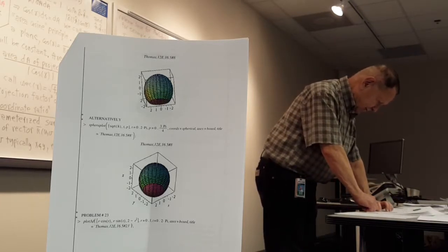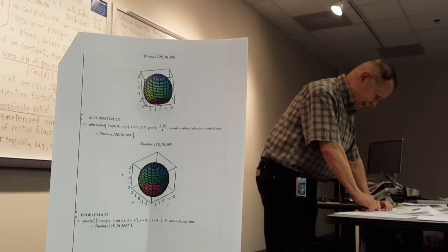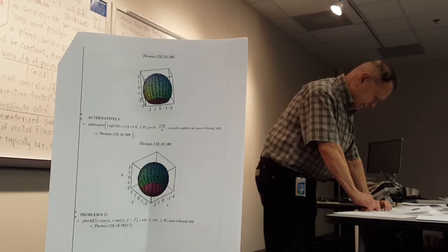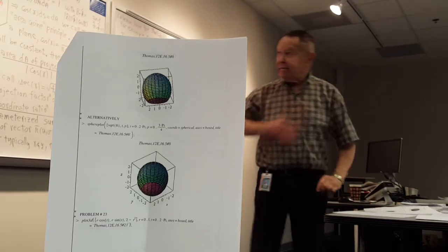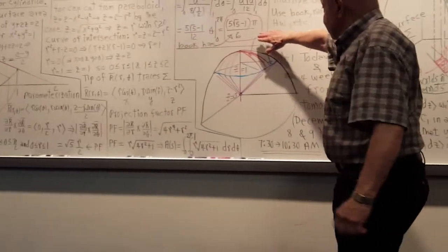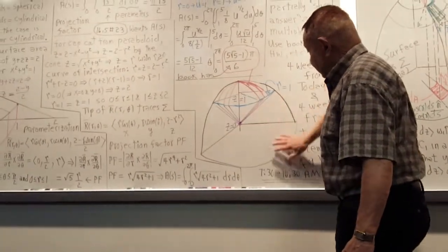So I have plot 3D, r cosine t, that's your x, r sine t, that's your y, and then z is 2 minus r squared. And so that would be the surface that's in this color if you were coming on down.